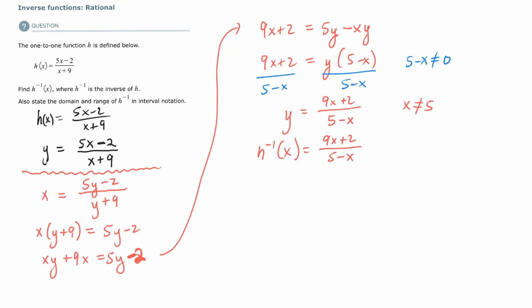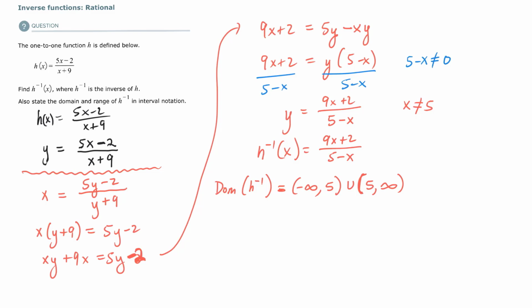Our goal is to find a domain. The domain of the inverse of h is equal to negative infinity up to 5 union 5 up to infinity. We also need to find the range.